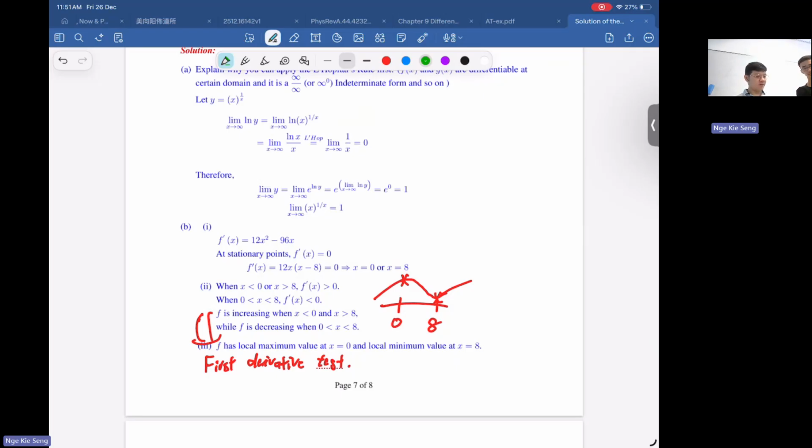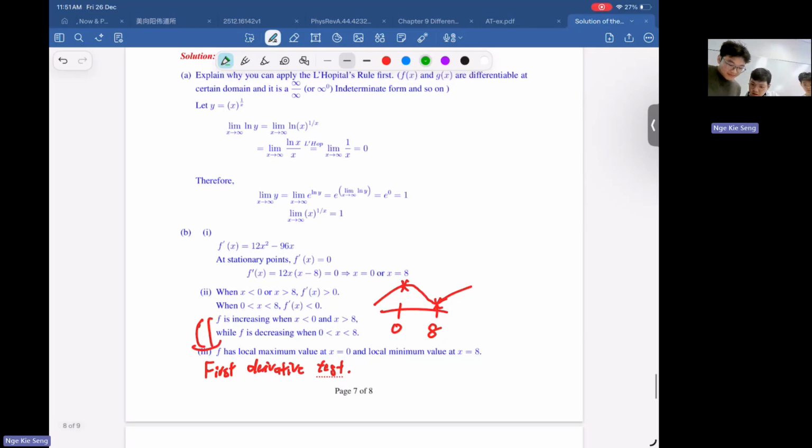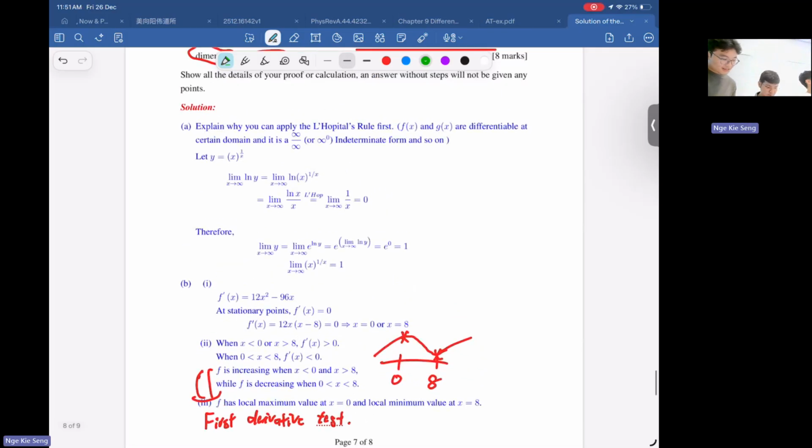I will have a look at that. I don't know why this... Why can you use the L'Hôpital rule calculation? Why can you use it? Let me think. I don't know why. Did it say? Yeah, I'm right.